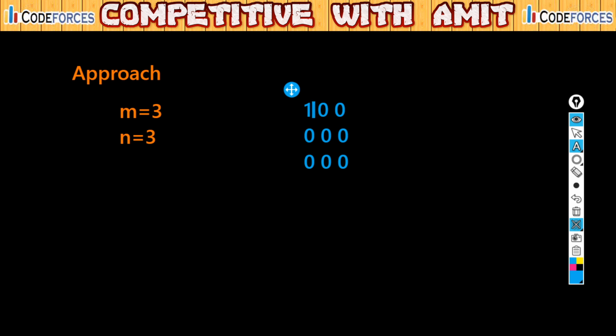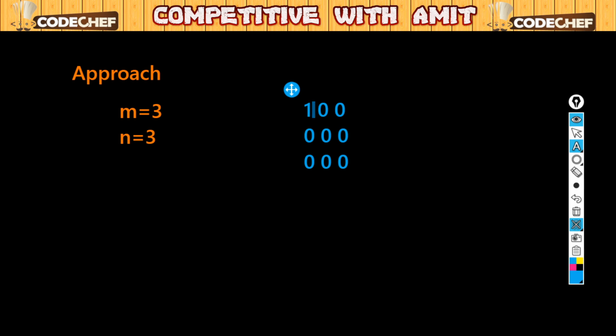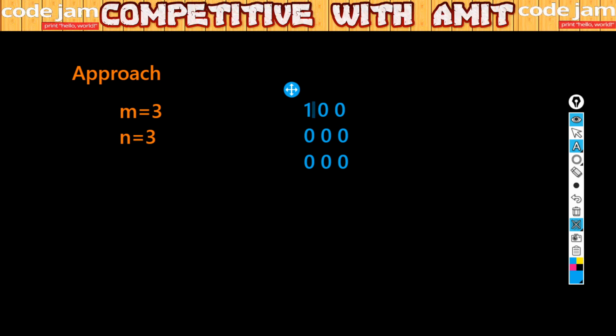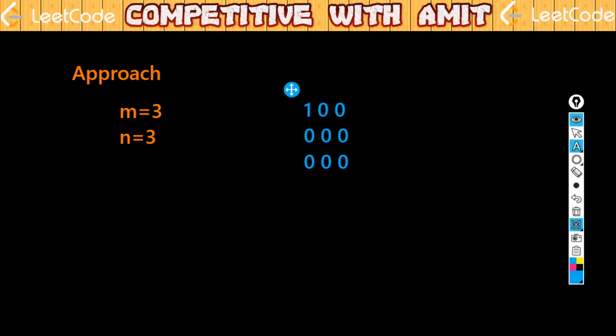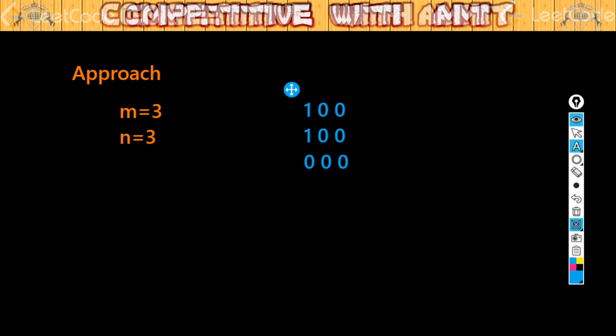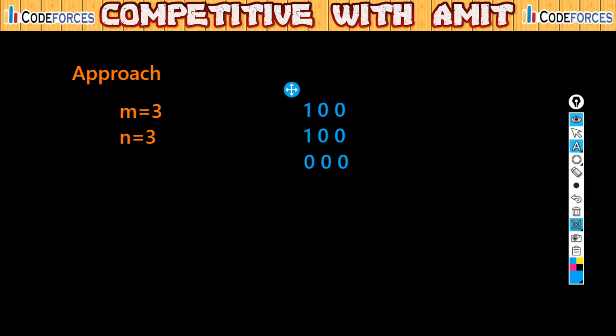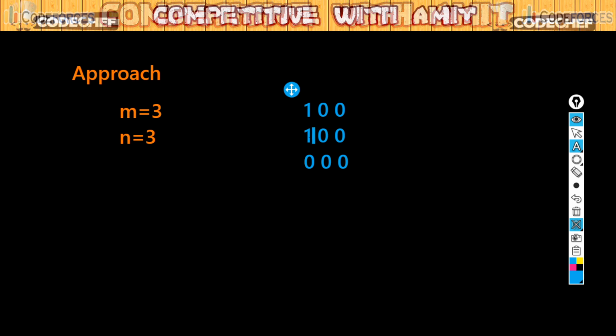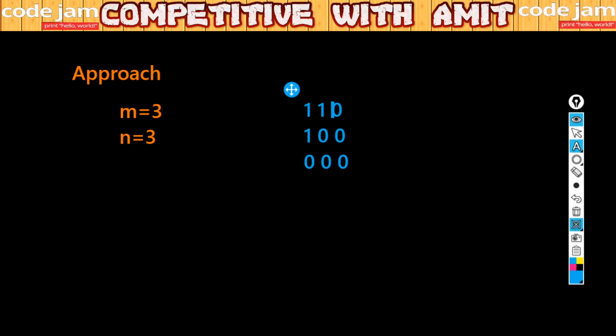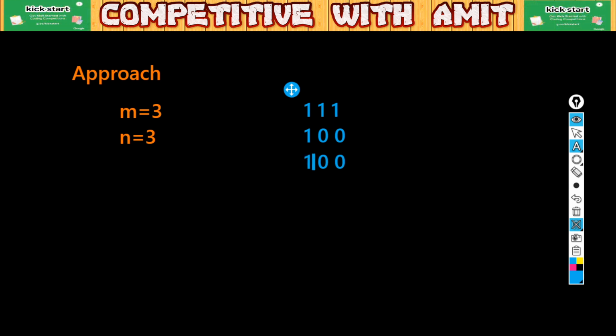Because the number of possible paths to go from 0,0 to 0,0 is only 1. After that, I will try to find the paths for every cell. If I reach up to here, there is only one possible path, so we add this 1. Similarly in this also it is 1, till here also it is 1, and till here also it is 1.